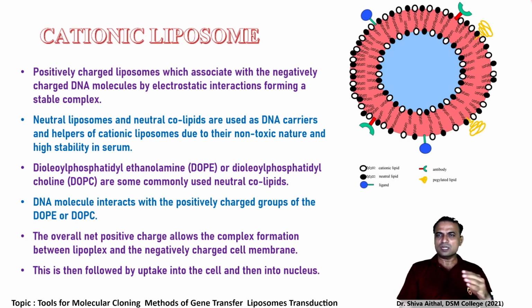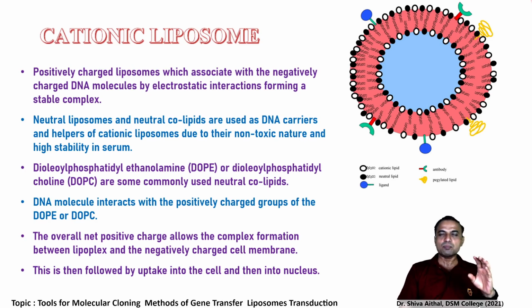The two most commonly used lipids are DOPE and DOPC. DOPE is dioleoyl phosphatidylethanolamine and DOPC is dioleoyl phosphatidylcholine. These two are commonly used neutral colipids.